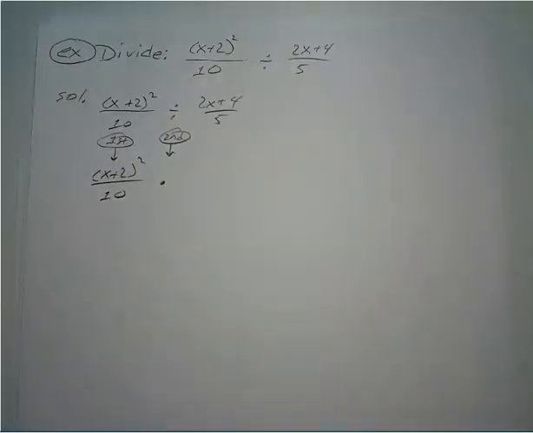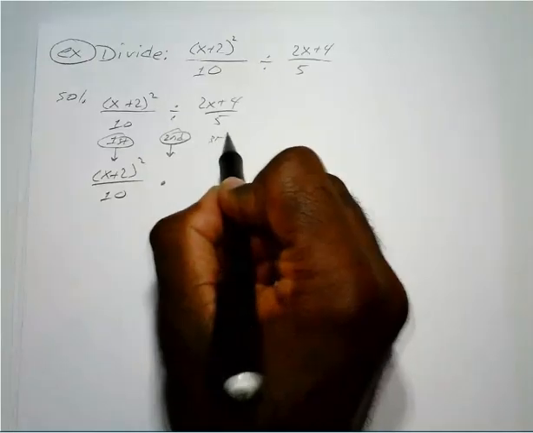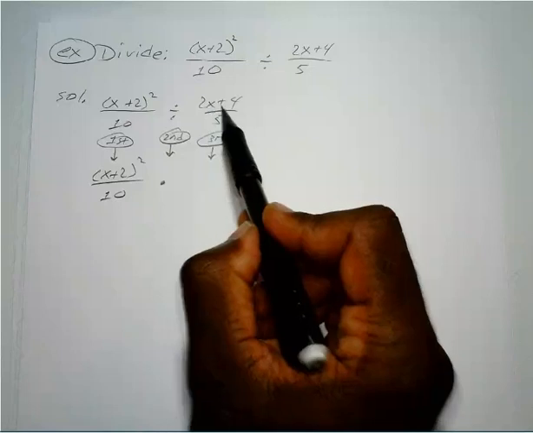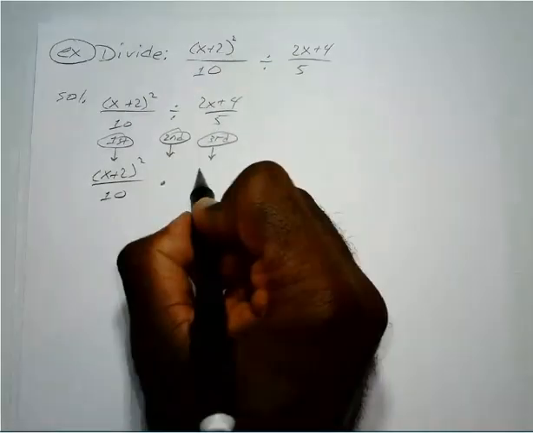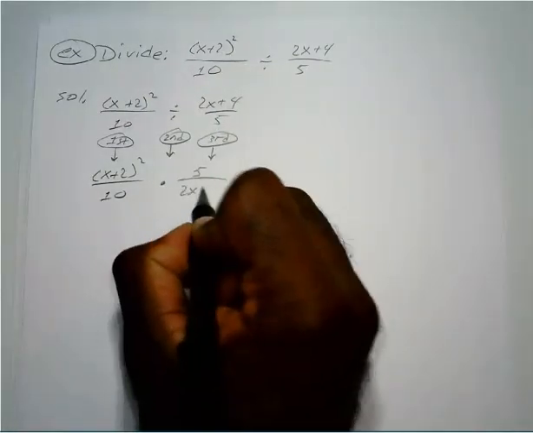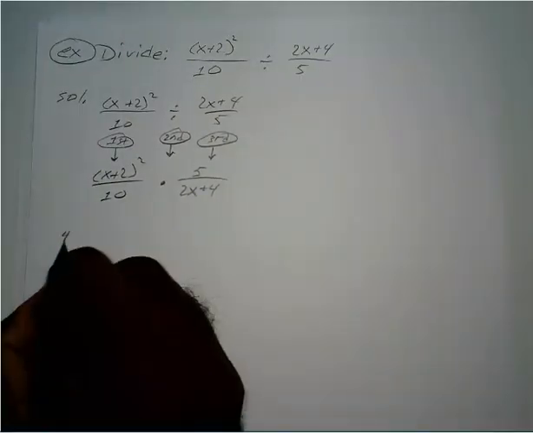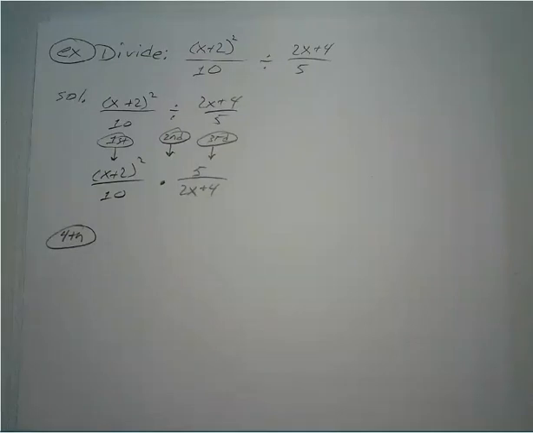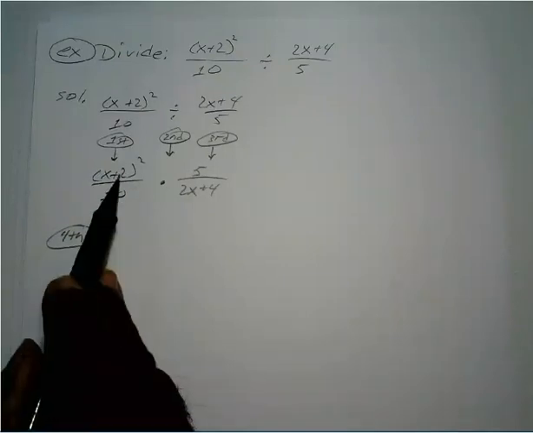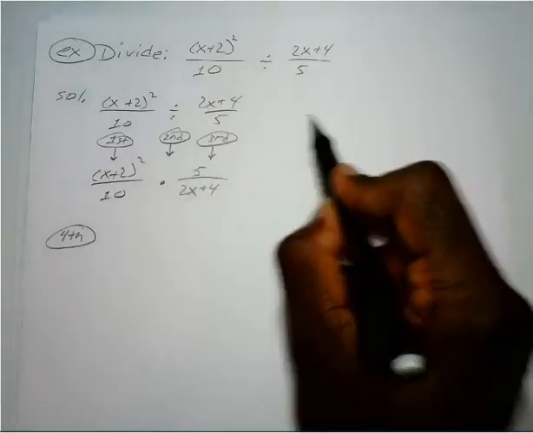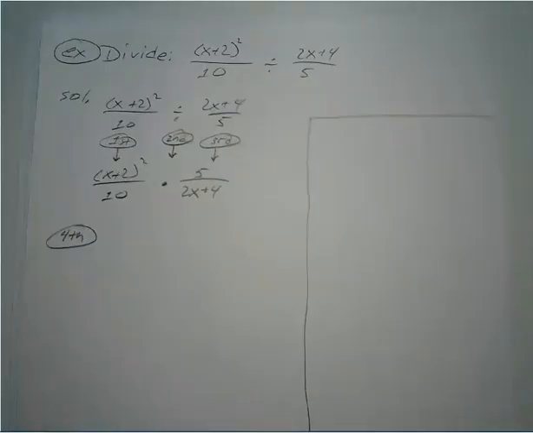And your third step, you flip your second fraction. So 2x plus 4 over 5 just becomes 5 over 2x plus 4. And then your fourth step, you solve it the same way you would your other multiplication of rational expression problems, which means we're going to go through each one and factor. We'll do those right on the side.